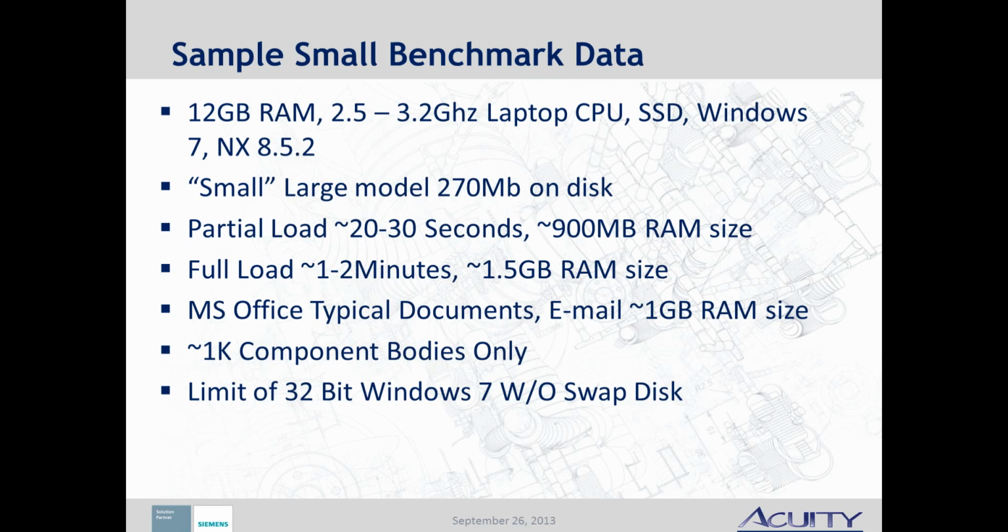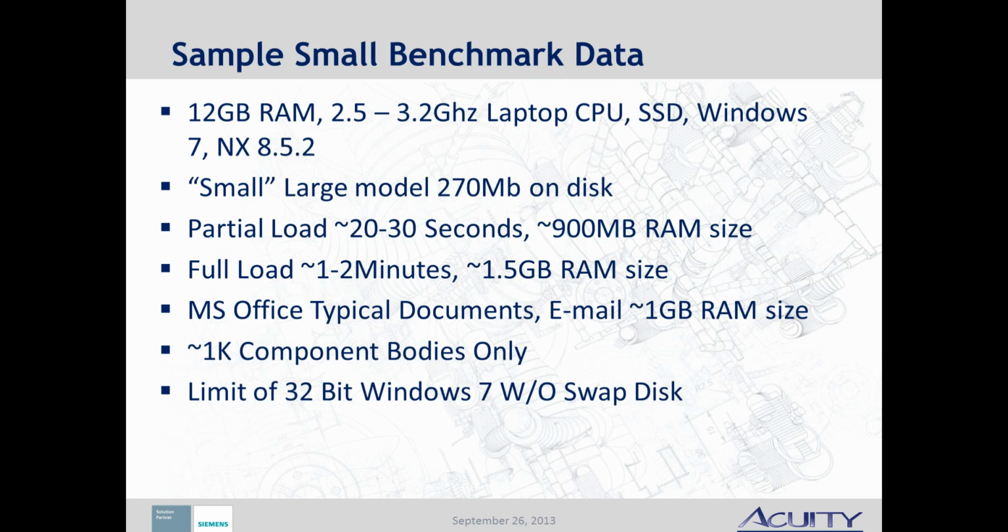And then Microsoft Office, typical documents, opened up, added another gigabyte, and that was 1,000 components, but it was bodies only. So they were either wavelength or JT parts, or there was a few of them that were simplified, or the non-geometry representations.